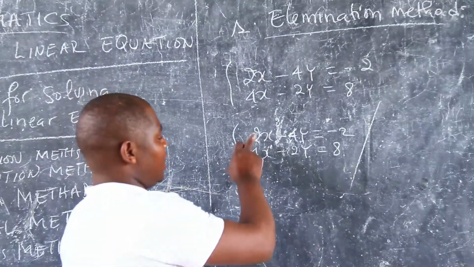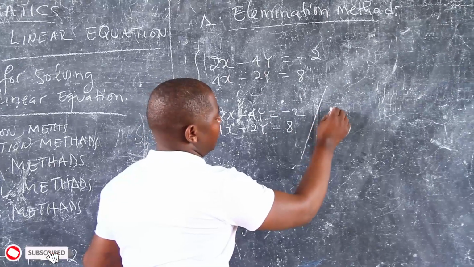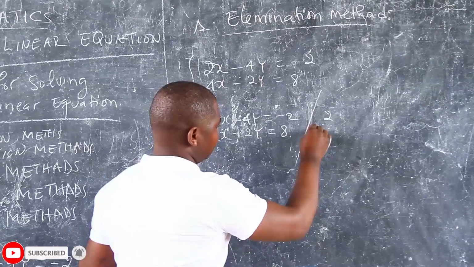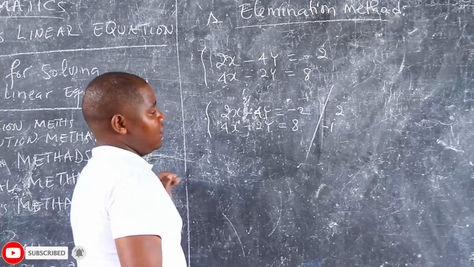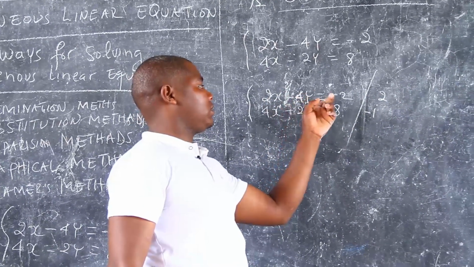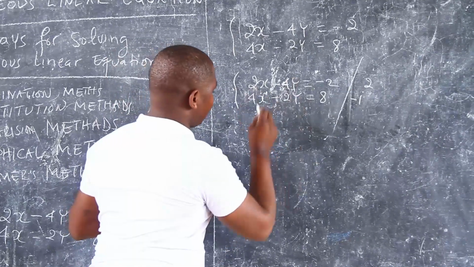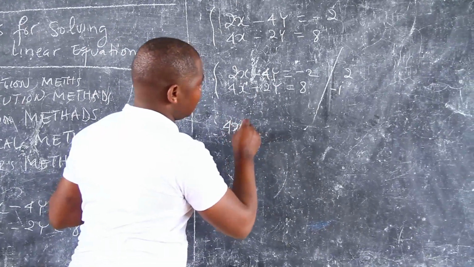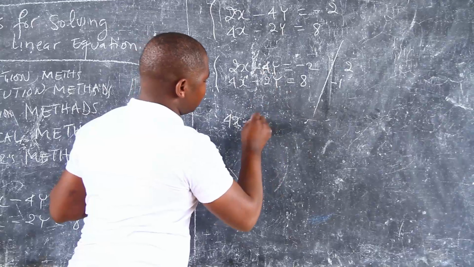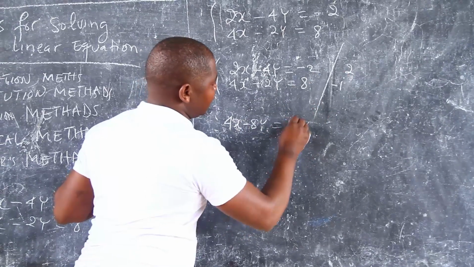Example, I take 2 and -1. The 2 I'm going to use to multiply here. I find 2 times 2 equals 4x, 2 times 4 equals 8y, equal to 2 times 2 equals -4.